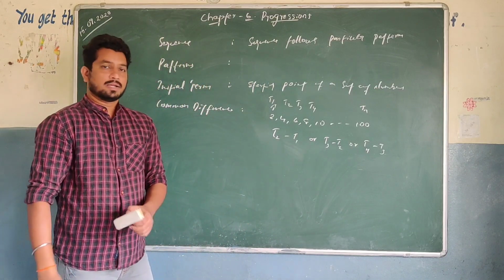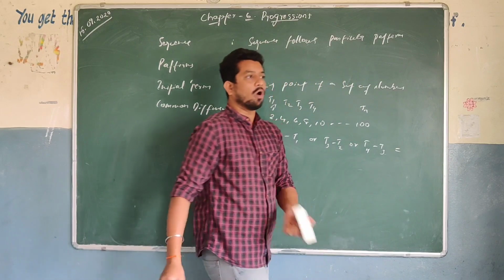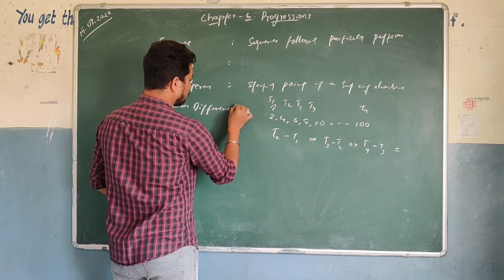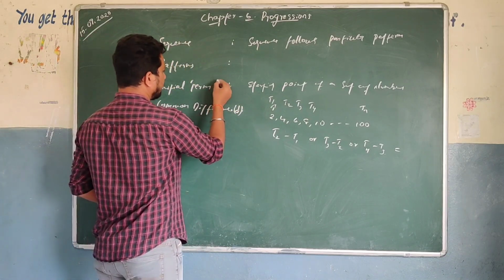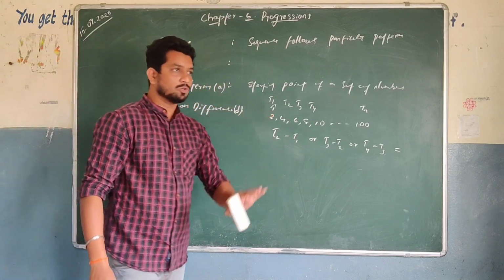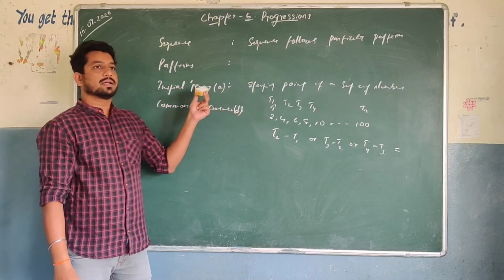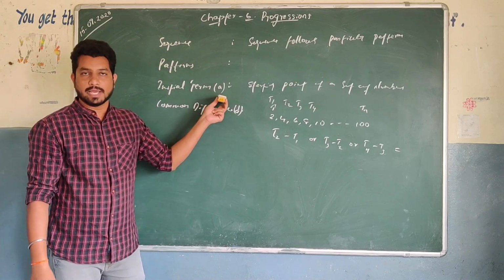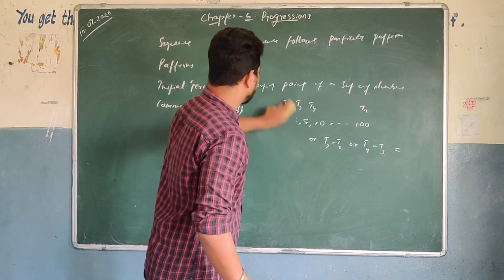Like that we will find the common difference. Common difference will be denoted with D, and initial term or first term will be denoted with A. In this whole chapter we will do this.